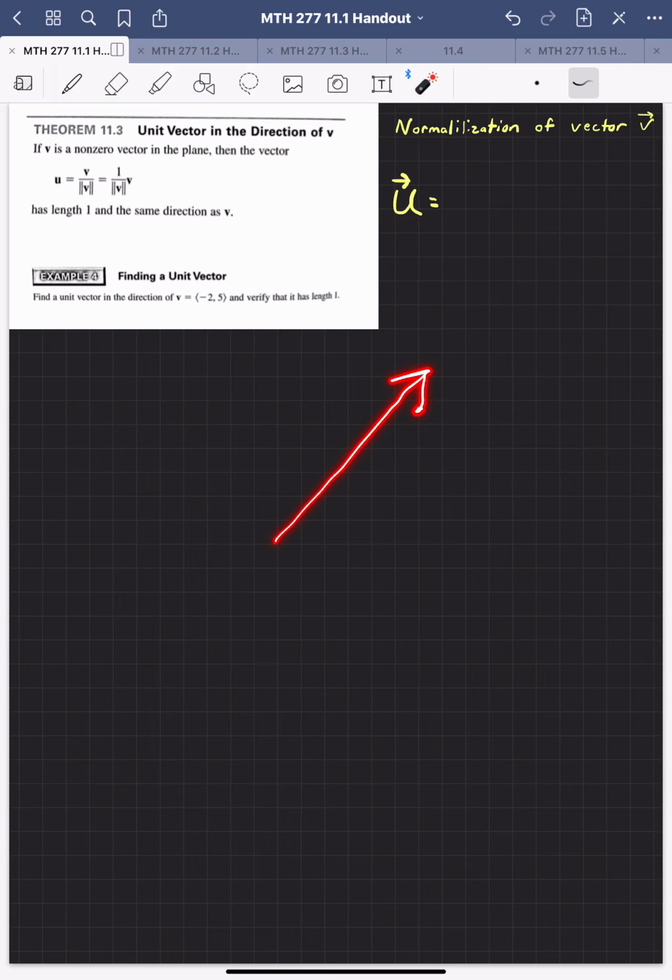Now let's assume you want to preserve the direction of this vector, but you want a new vector moving in the same direction with a length of 1. So a unit vector has a length of 1, but we're preserving the direction, so it's a unit vector in the direction of vector v.